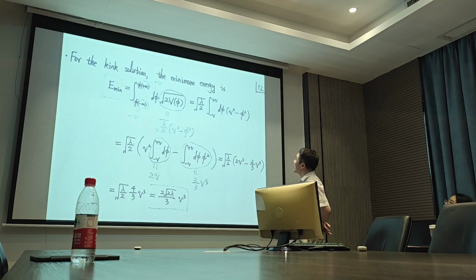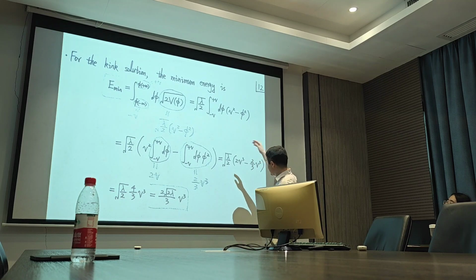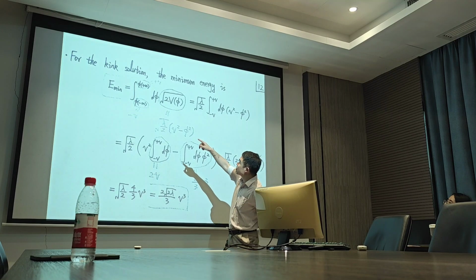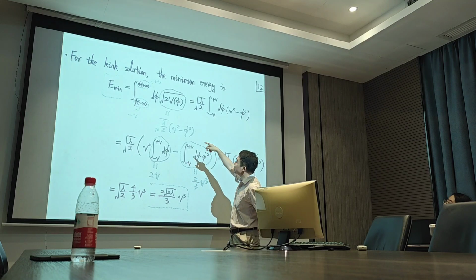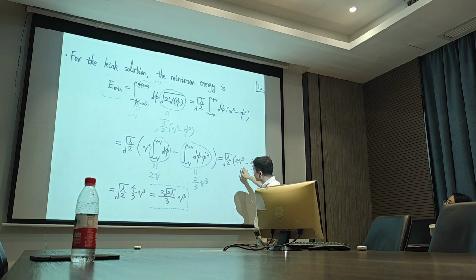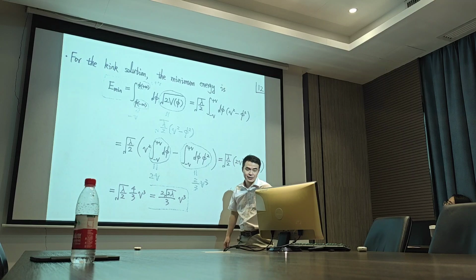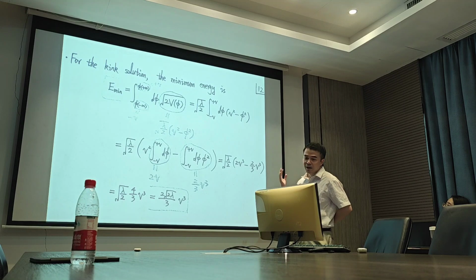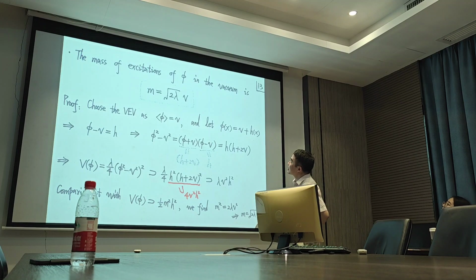For the kink solution, we get the minimal energy, and the minimal energy is given by this value. We can easily compute it because the boundary values are fixed, and it is determined only by the boundary values and the potential function. And we can also express the result in terms of the mass of the excitations of phi in the vacuum.